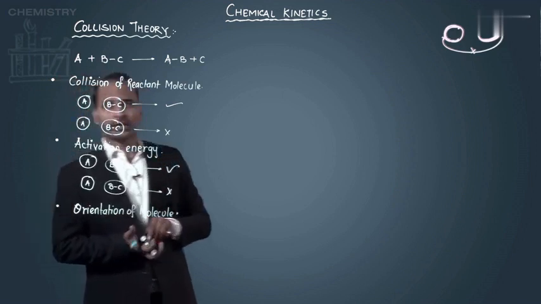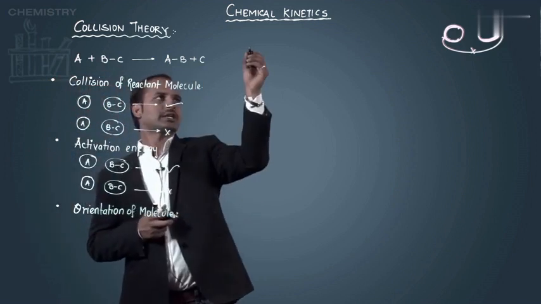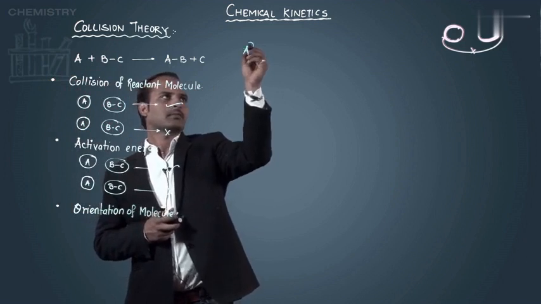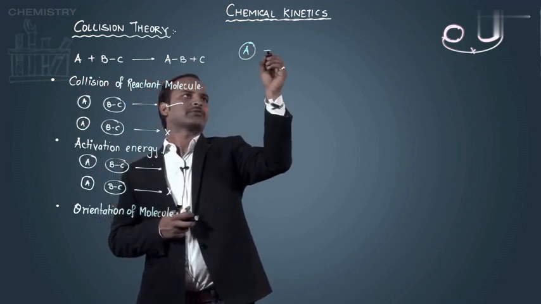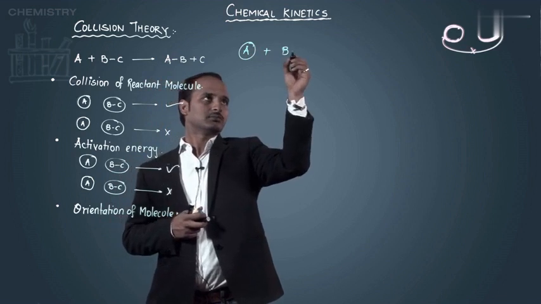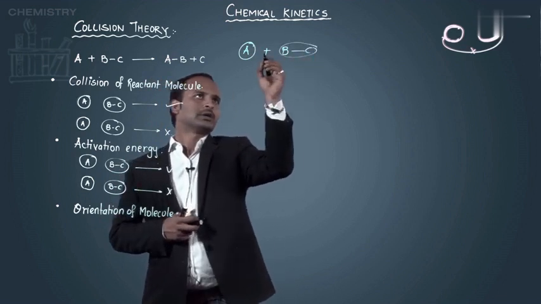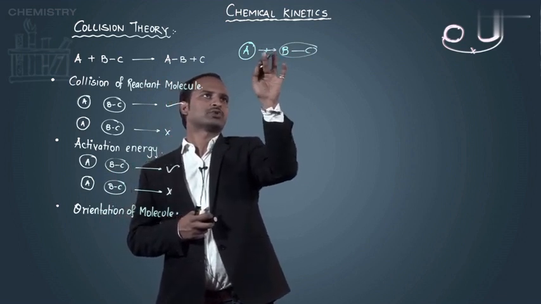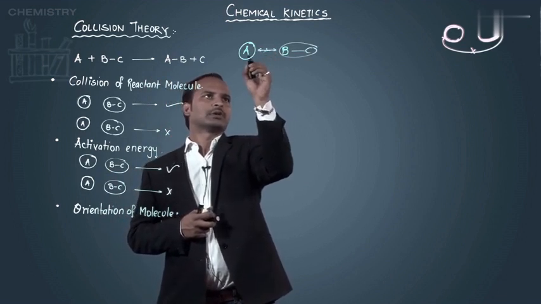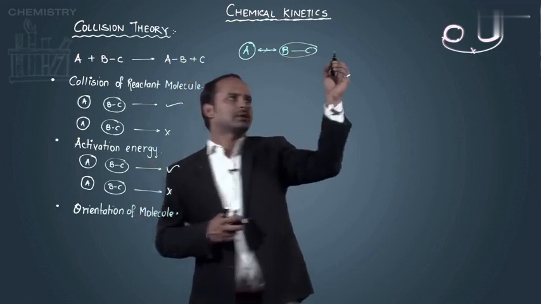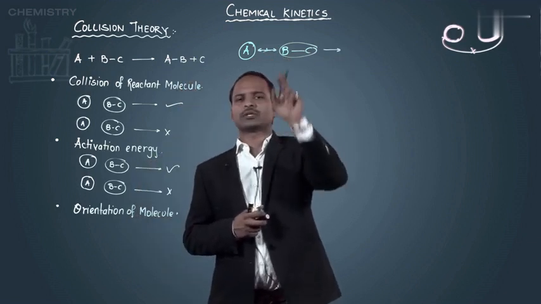Now let's see the proper orientation here. Suppose A is colliding with this area. Let the collision take place between these two. A is colliding with the B part, and that is why the orientation is proper.